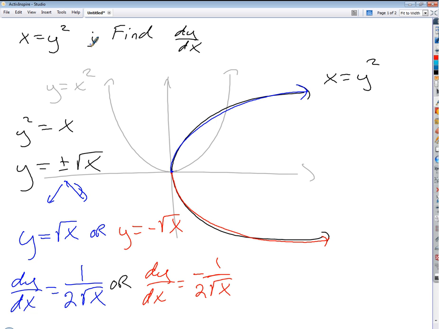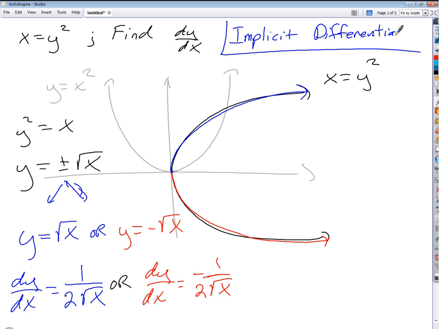We want to skip the whole process of solving for y and just differentiate without it. So that's the title of what we're doing today: implicit differentiation.